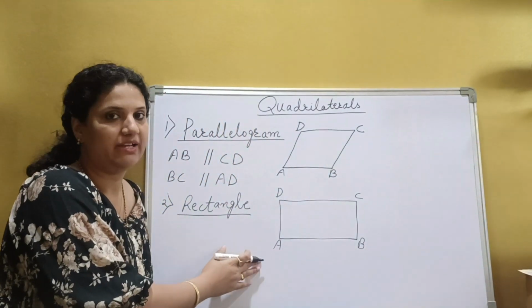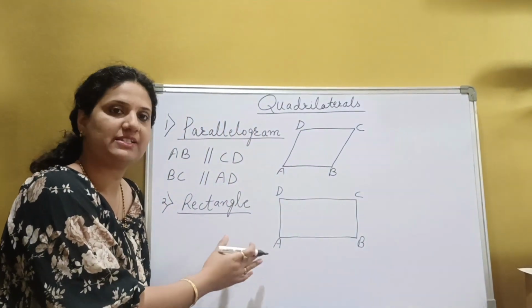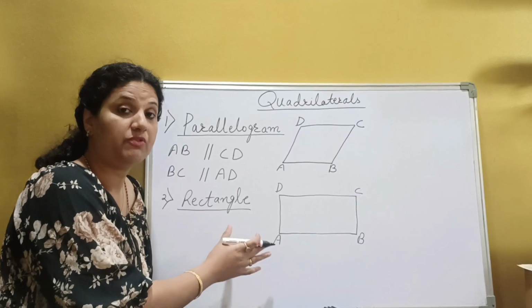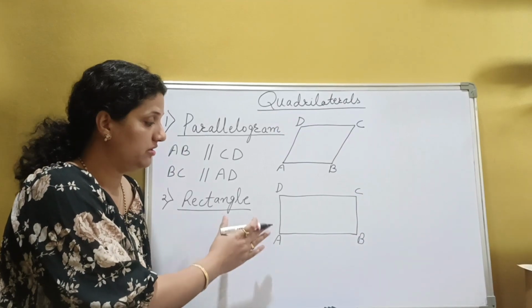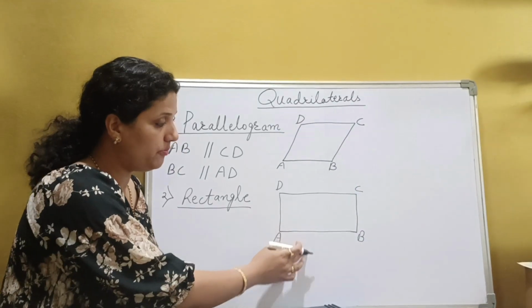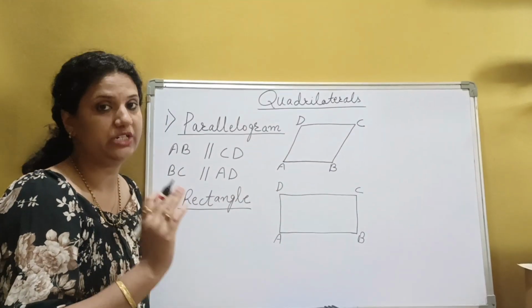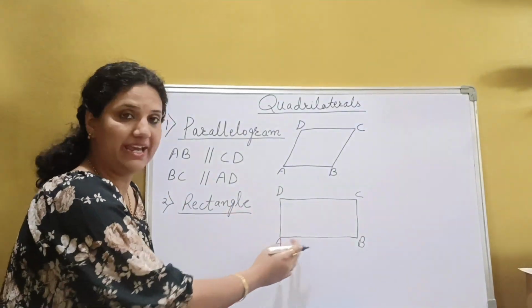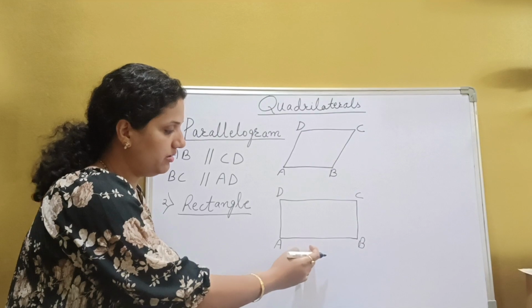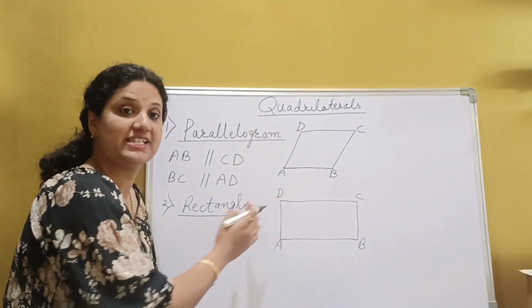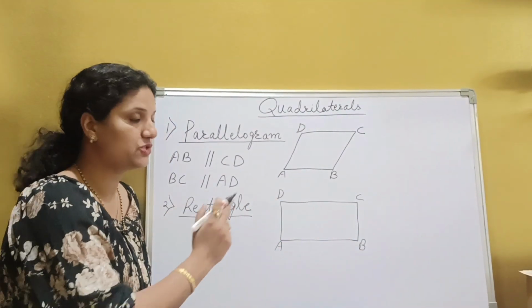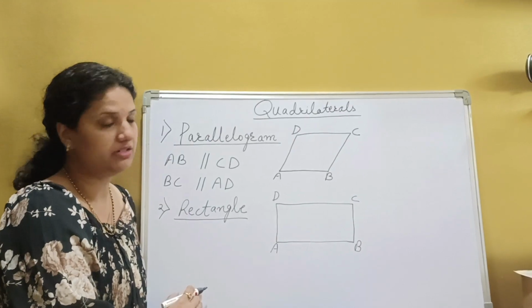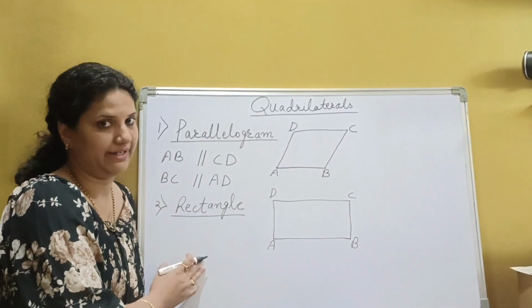This is also a type of quadrilateral, or you can say it is also a parallelogram. But what is the property of rectangle? The property of rectangle is the opposite sides are equal to each other. Opposite side here AB, and what is the opposite side of AB? That is CD. So these two pairs should be equal to each other. Then this quadrilateral is called rectangle.